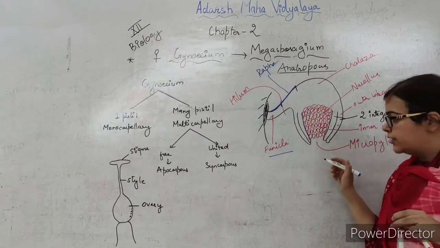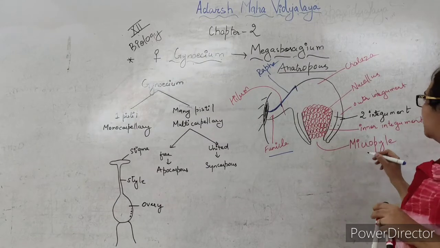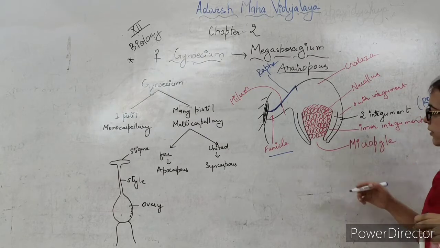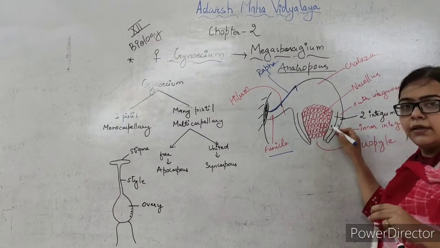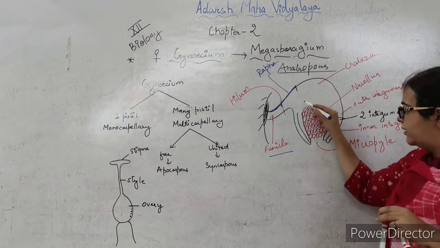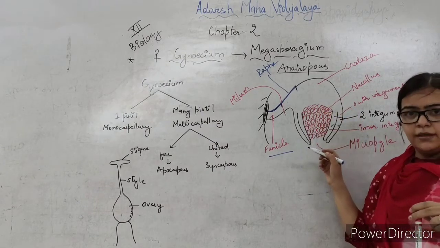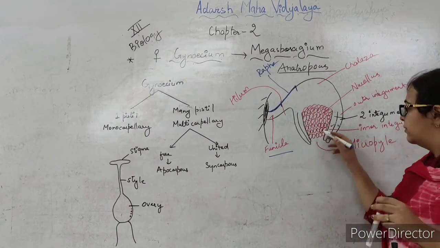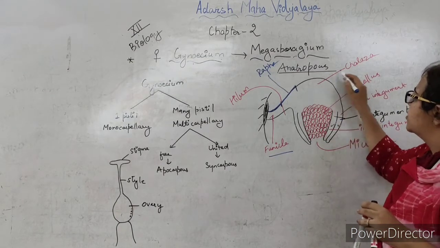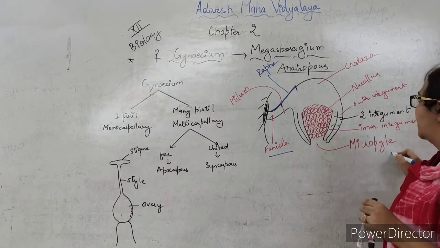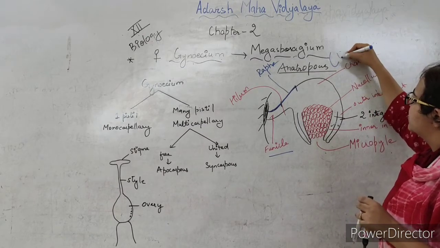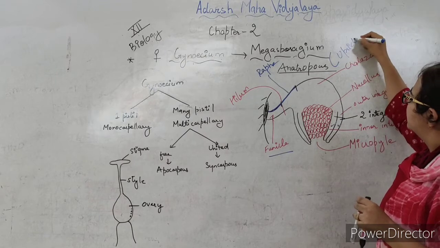These are protective in nature and there are two integuments present, so this condition is also called bitegmic. This is the outer integument, this is the inner integument, and in the center nucellar cells are present which have a large amount of reserve food material. And this is the chalazal end and this is the micropylar end. The anatropous ovule is called so because it is upside down.